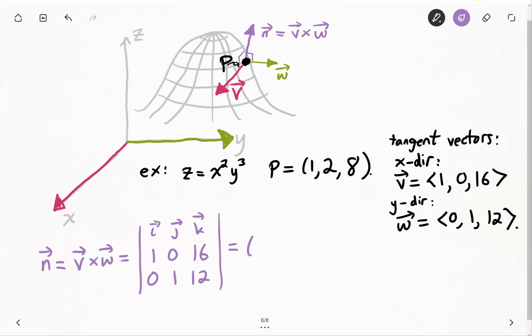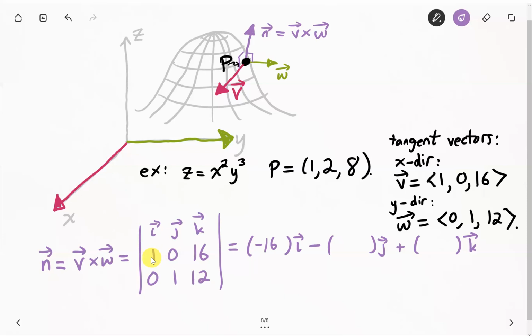And so let's see, something times i minus something times j plus something times k. For i, ignore column i, we have 0 times 12 minus 1 times 16. That's negative 16. For the coefficient of j, ignore column j.